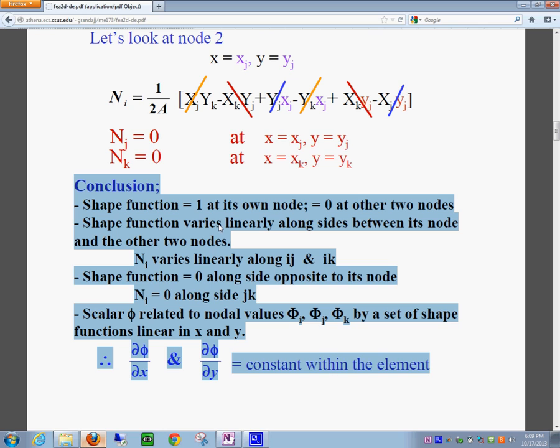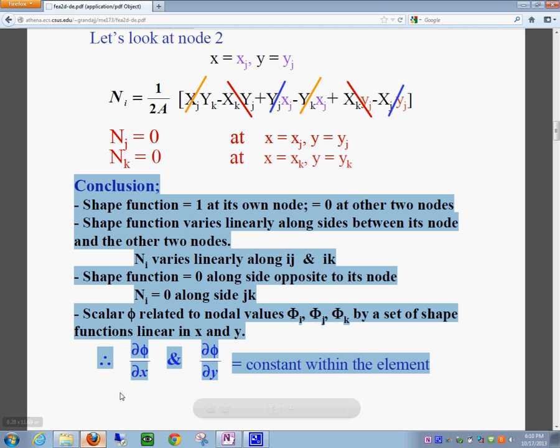Shape function varies linearly along the side between its node and the other two. Shape function is 0 along the side opposite to the node, and scalar phi is related to the nodal values by a set of shape functions linear in x and y.